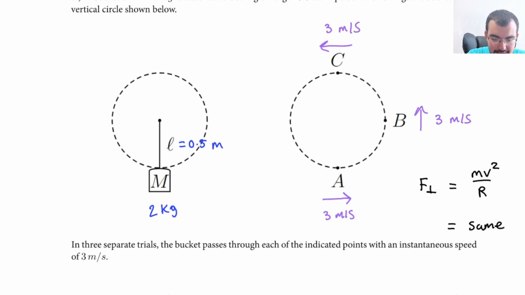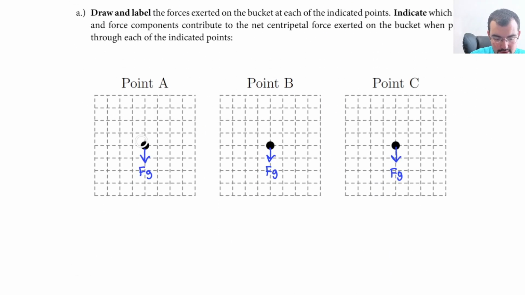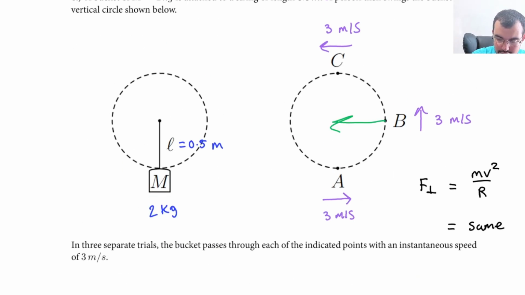That's going to be the same at all 3 points. And then at point A, that's going to be pulling us upwards. So I'm going to show that we have a long tension there, Ft. And that gives us 2 units of net force towards the center of the circle. Then at point B, the bucket is over here, so the string pulls us this way.